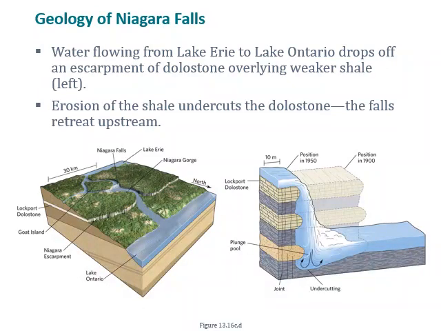Continued erosion of the shale undercuts the dolostone, which results in the waterfall retreating or moving upstream. This continued erosion allows for the undercutting, and then eventually the harder rock falls because it is not supported.